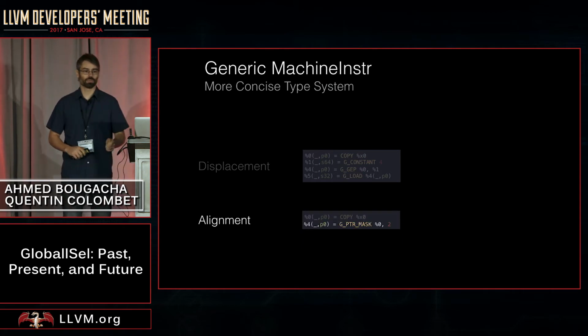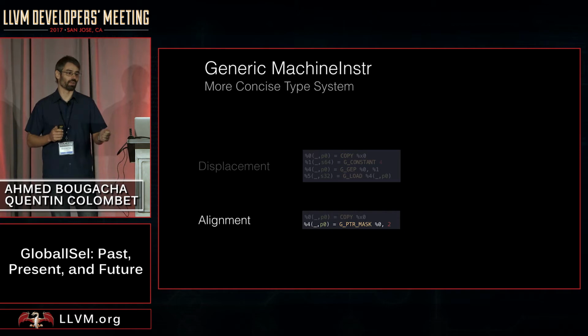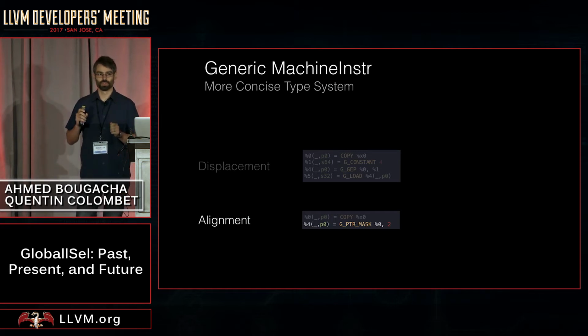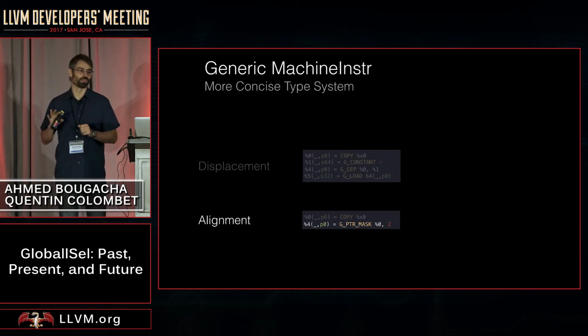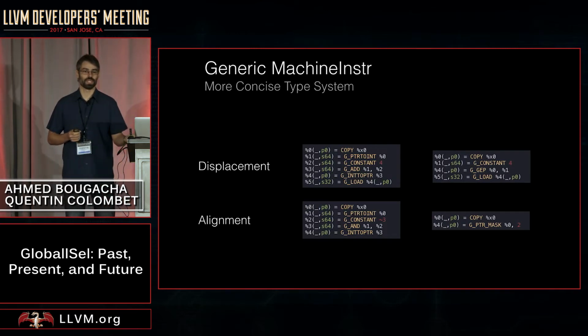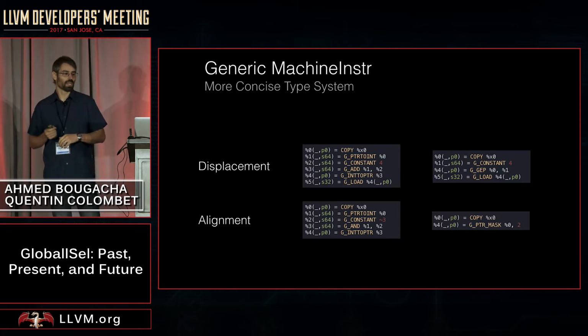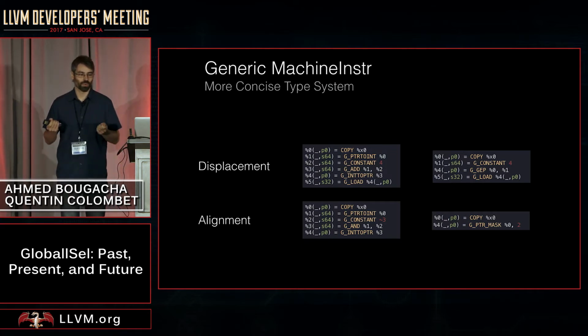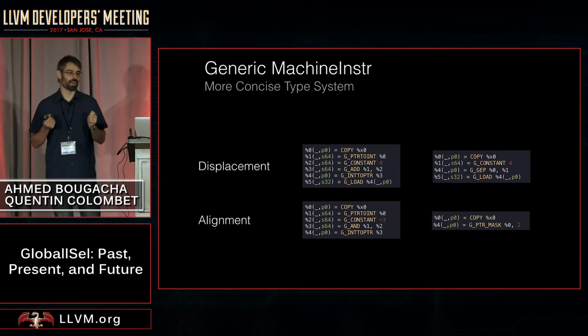Now you can do that with just one instruction, G_PTR_MASK, which takes the pointer as argument and the number of low-level bits you want to strip out from the pointer. If you compare what we had previously on the left to what we have now, it's much more concise. One thing to keep in mind is that GlobalISel is a work in progress. We don't know if it's a good idea to have pointer types at all in the generic representation, but at least it's easier to deal with them now.